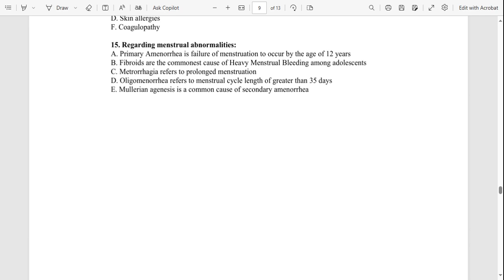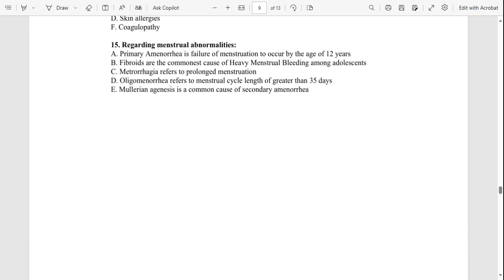So primary amenorrhea, you look at the age, but besides that, you also look at the development of the physical characteristics. For example, in females, if they reach 15 years and they don't have any menstruation, and they have got normal physical characteristics, that is primary amenorrhea.